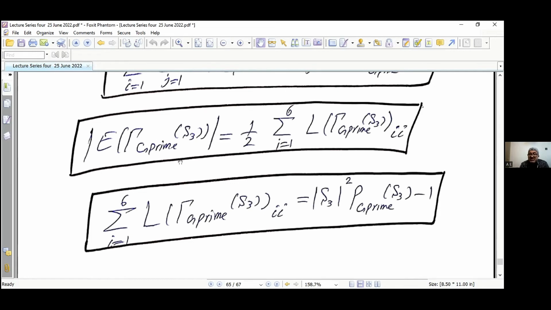So this is a very nice relation. We can use it not only for the co-prime degree, but for any algebraic graph: the number of edges, the probability associated to that group, and the adjacency matrix, the sum of all entries in the adjacency matrix, or the sum of all entries on the diagonal in the Laplacian matrix.